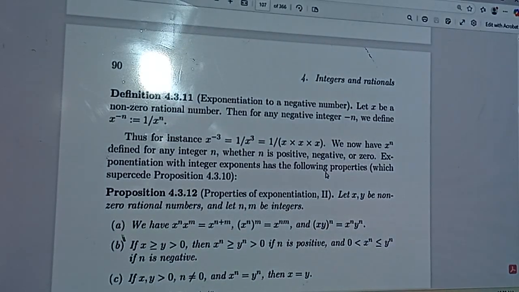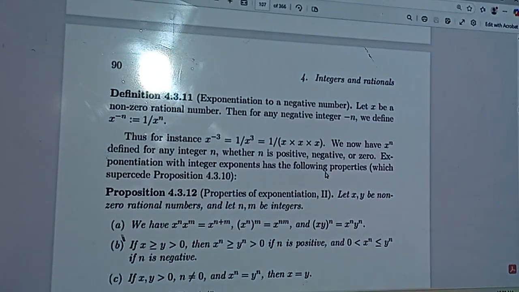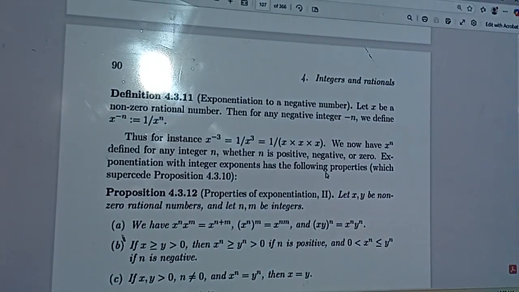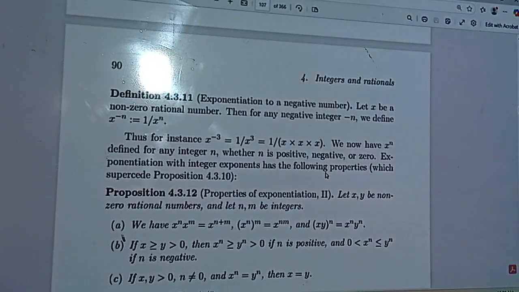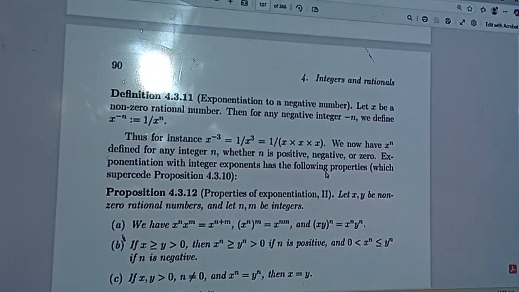If x greater than or equal to y strictly greater than 0, then x to the n greater than or equal to y to the n greater than 0 if n is positive, and it goes the other way around if n is negative.